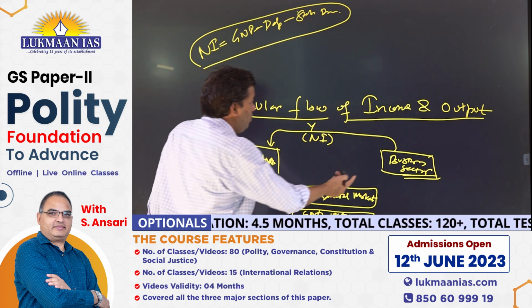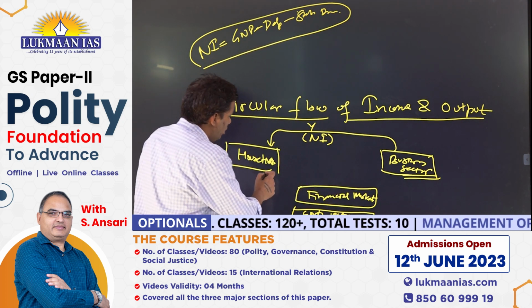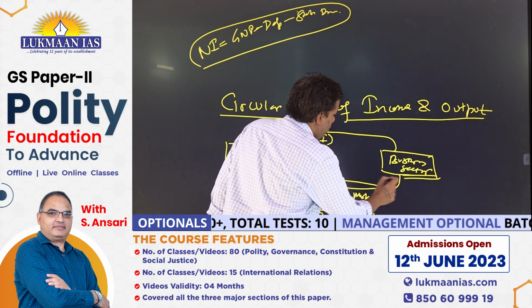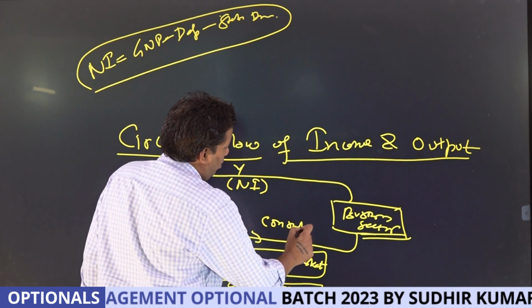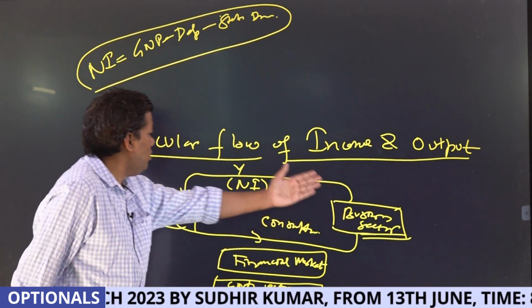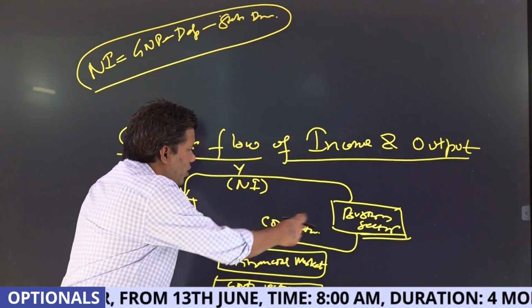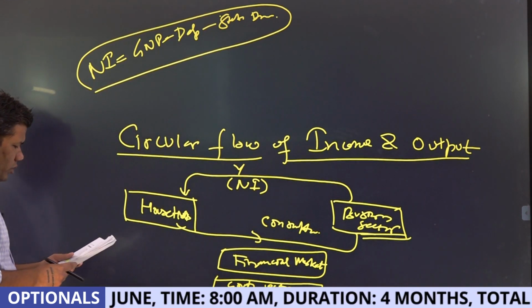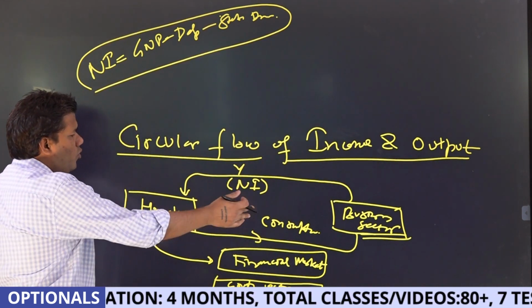So from business to household, and from household to consumption. C is consumption. Okay, so this makes sense, right? From businesses, it is going as salary to households, and households are consuming the products the businesses are producing. And from households, some part goes to saving, because all income does not go into consumption.